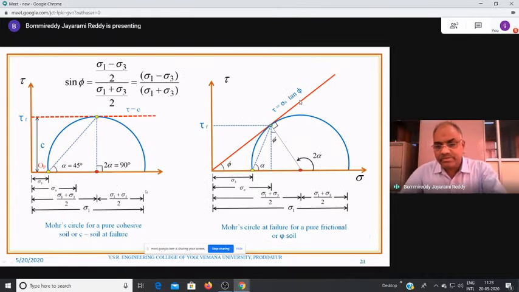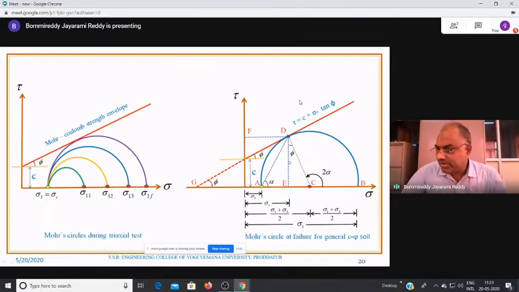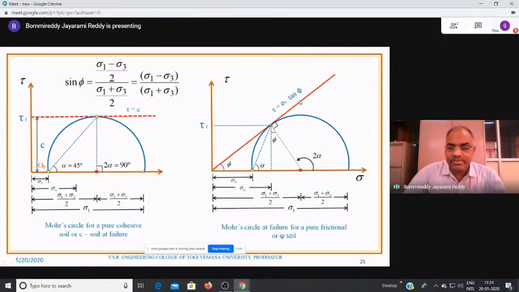And of course here, this is the generalized Mohr circle for c-phi soil. When c-phi soil is tested in a triaxial test, you will get the envelope in this fashion. If the soil is considered only purely cohesive soil, the failure plane is always horizontal in nature.